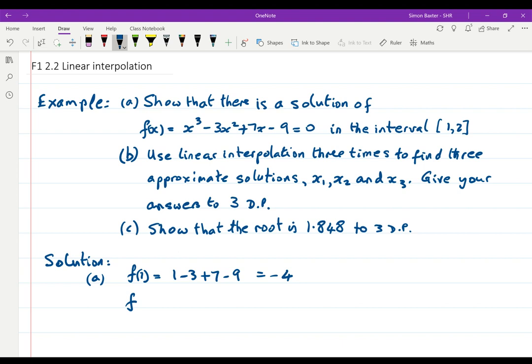If we look at f(2), f(2) is equal to 8 minus 12 plus 14 minus 9. That is 1. So now let's have a look at a picture of this.